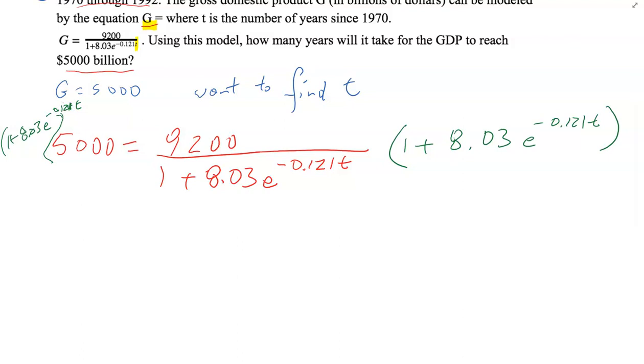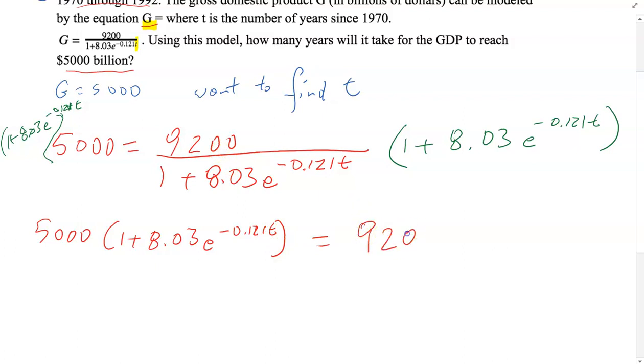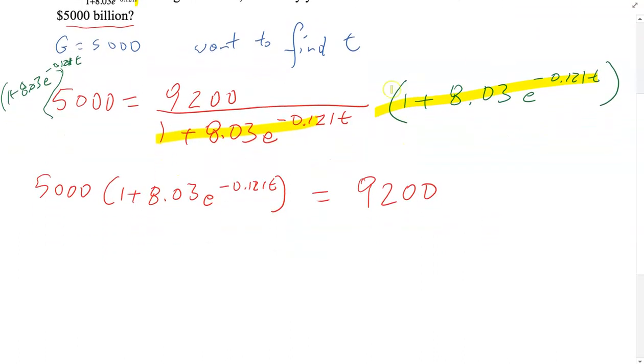Then what you will have on this side is 5,000 times 1 plus 8.03 e to the negative 0.121 t. And on this other side, we'll just have 9,200 because this cancels that. It's the same, one in the numerator, one in the denominator, so that goes.